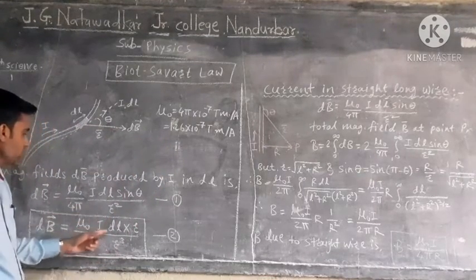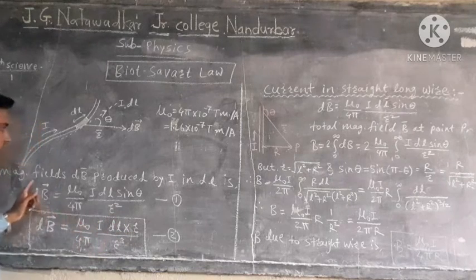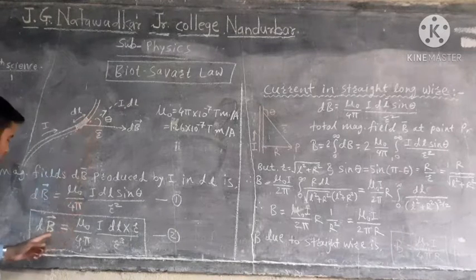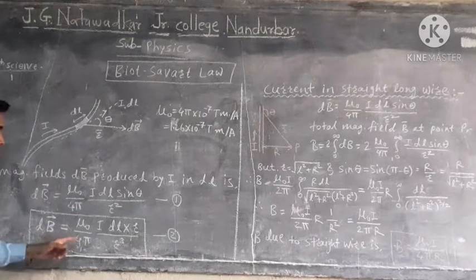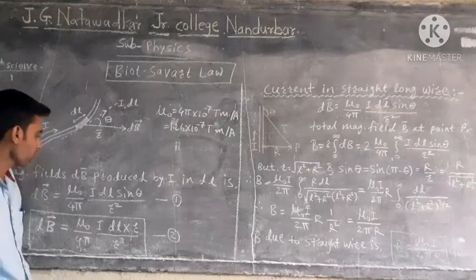So we can use the cross product dl into r, and equation number 1 takes this form. Our Biot-Savart law becomes dB is equal to mu 0 upon 4 pi into I dl cross r upon r cube.